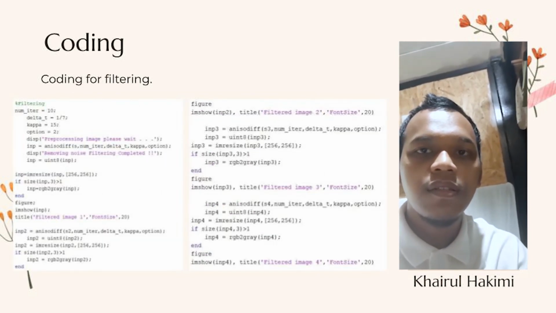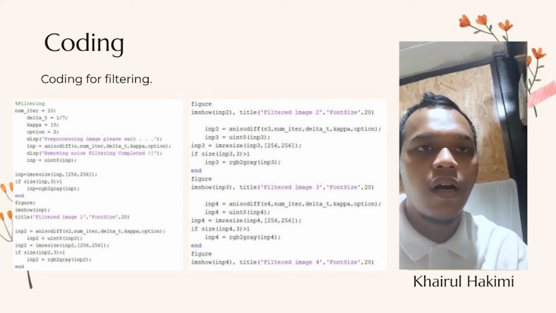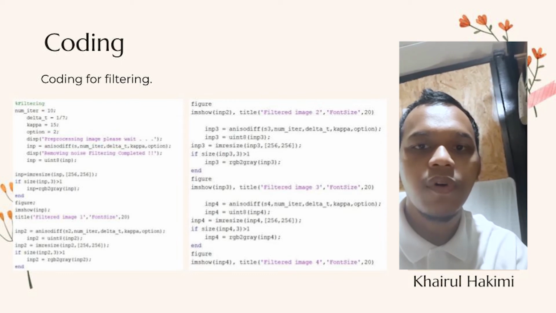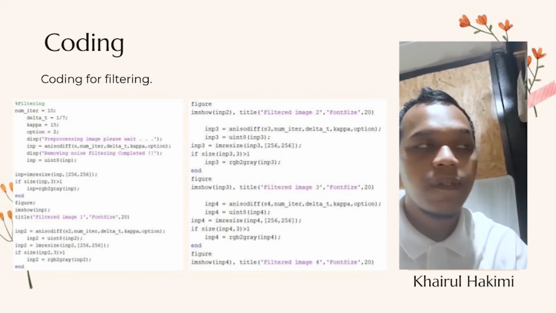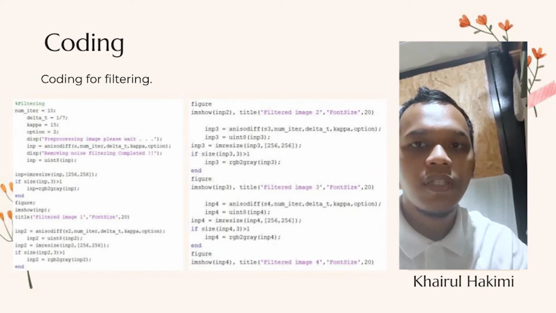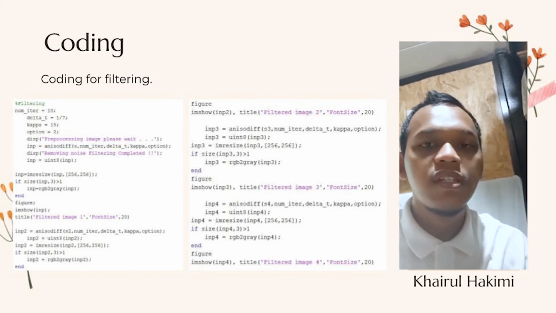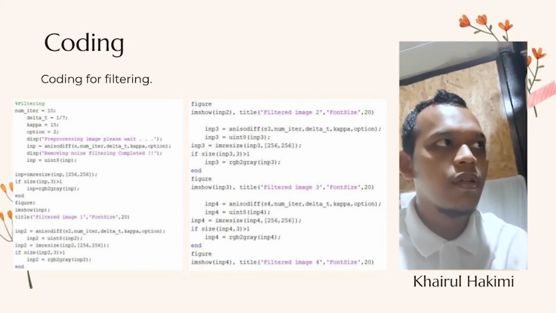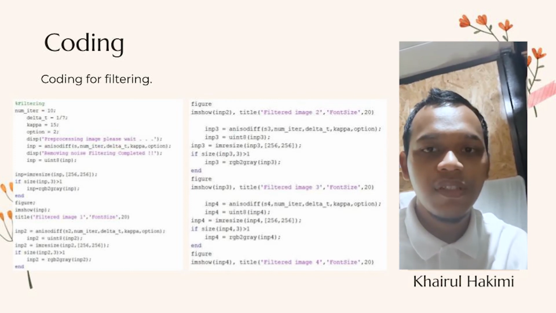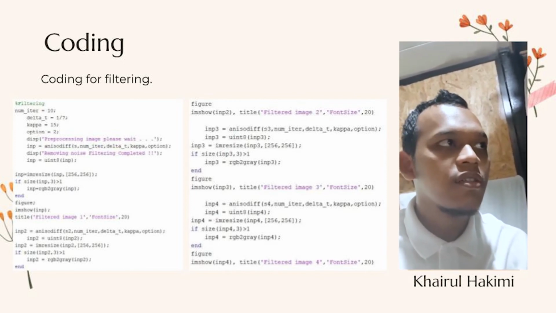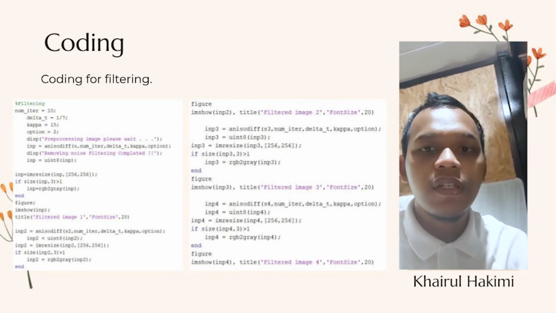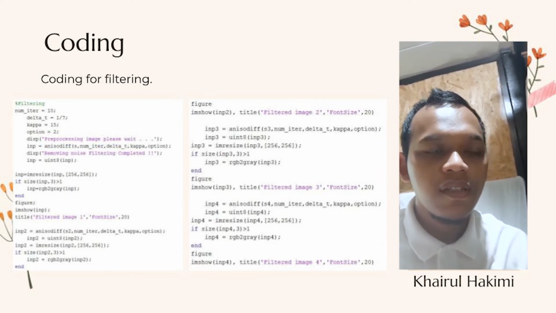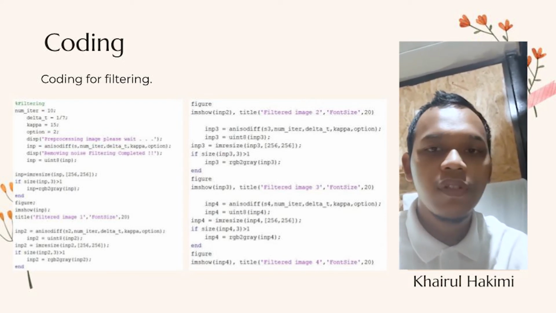The second one is the filtering image. What the filter image does is we just want to remove all noise from our image. The first part of the coding displays an output that it is pre-processing the image, in case the processing takes time, so it will say please wait, and after it is done, it displays removing noise filtering completed.